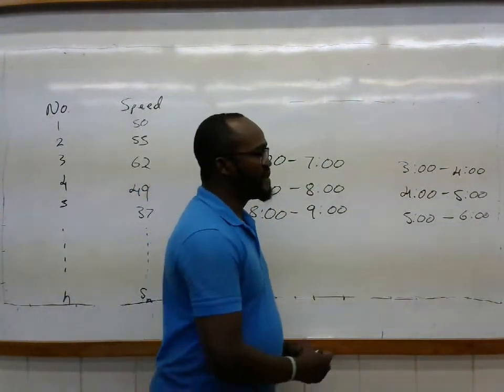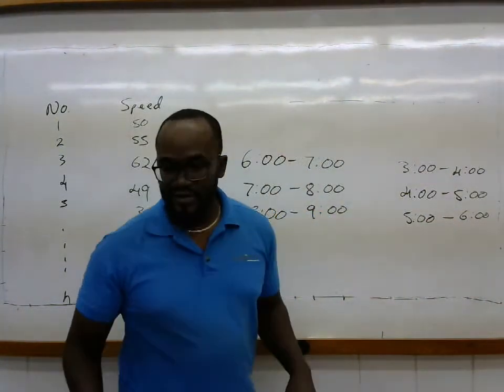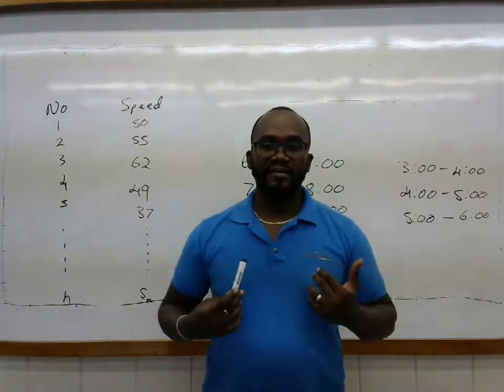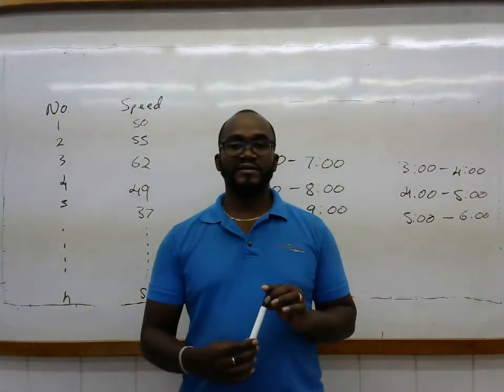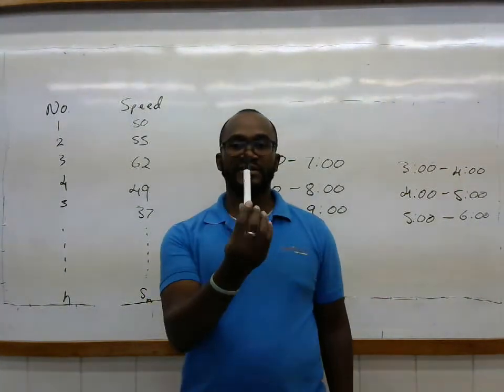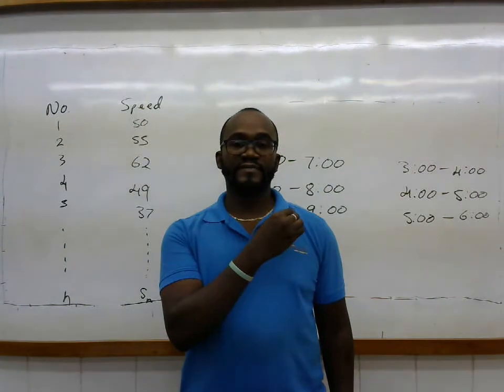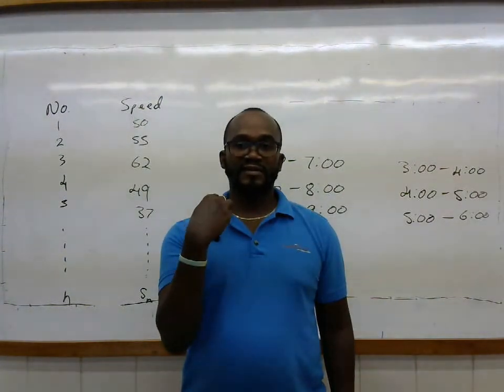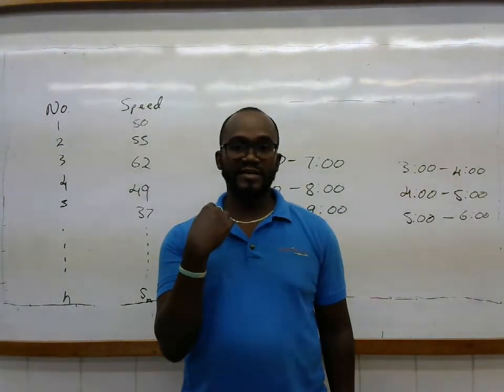Now, what do we mean by statistical significance? Well, if I use my body as an example, if I were to ask whether this marker is touching my shoulder or touching my body, one would say yes. If I were to ask again whether this marker is touching my body, again you would say yes.